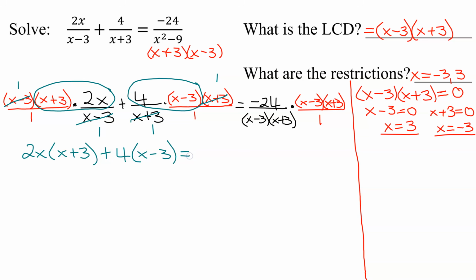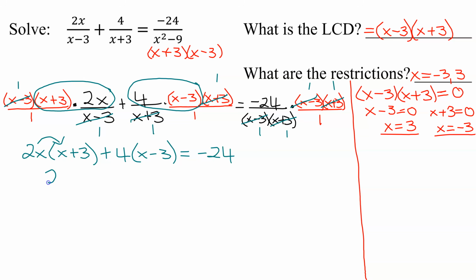And on the right-hand side, my x minus 3 is reduced, my x plus 3 is reduced, so I get negative 24 times 1, which is negative 24, divided by 1 times 1, which is 1, so I just get left with negative 24.